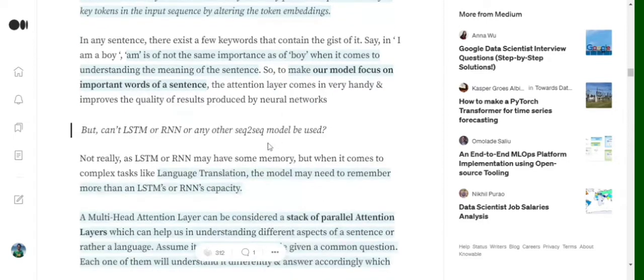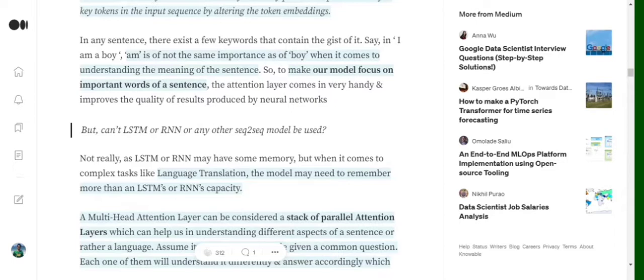But a question comes in: can't we use LSTM or RNN? If you have studied a bit about basic NLP models, memory models, we have LSTM, RNN, and other sequence to sequence models. So why can't they be used? Basically the problem with these models is that they don't have a big memory storage.